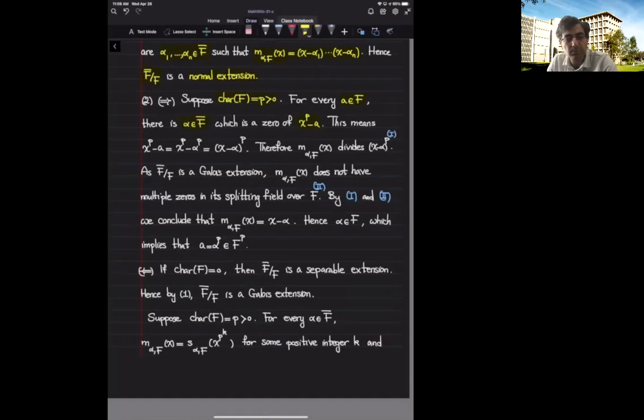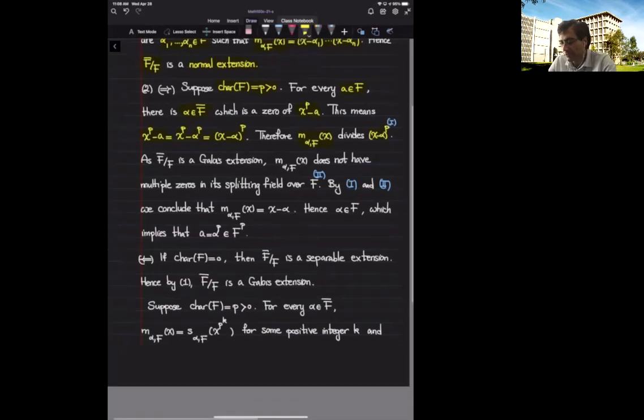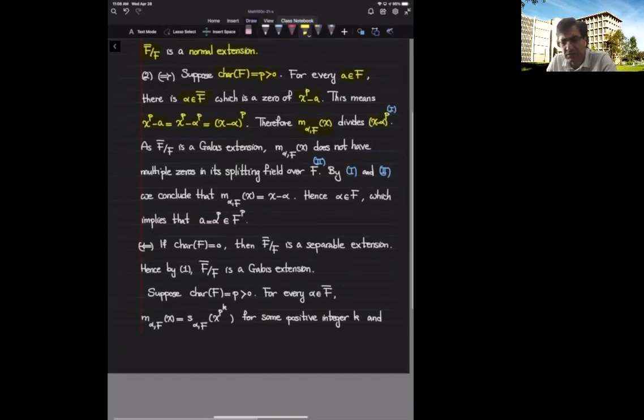This means alpha raised to the power P is A, so x to the P minus A is x to the P minus alpha to the power P, and I can use the fact that it's characteristic P and write this as (x minus alpha) raised to the power P. So that means that the minimal polynomial of alpha over F should divide the polynomial (x minus alpha) raised to the power P, because alpha is a 0 of this polynomial. So it is (x minus alpha) raised to some power.